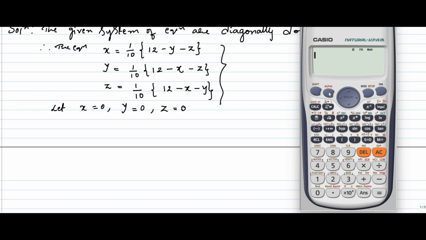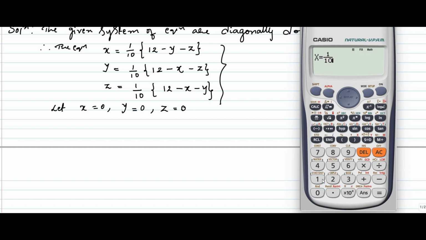So press alpha X, which is equal to whatever the equation we have. I will incorporate those equations in our calculator. So next, alpha X equal to 1 by 10 times of 1 divided by 10.